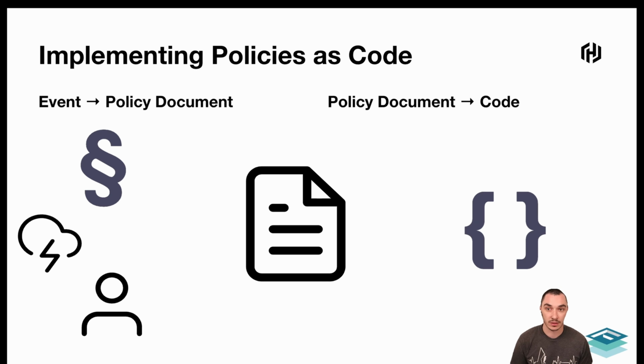So for example, if we have a code of conduct violation, we might need to come up with a policy stating how to behave at social events at our company. Or if the law changes and sustainability goals and environmental laws change, we might have to adapt our internal policy documents.